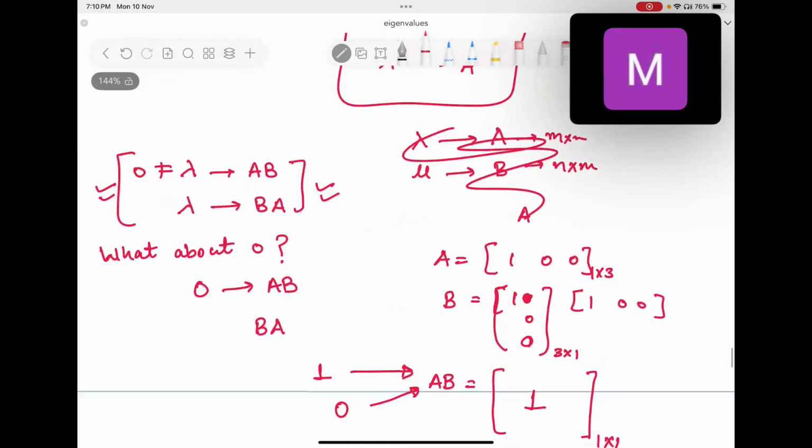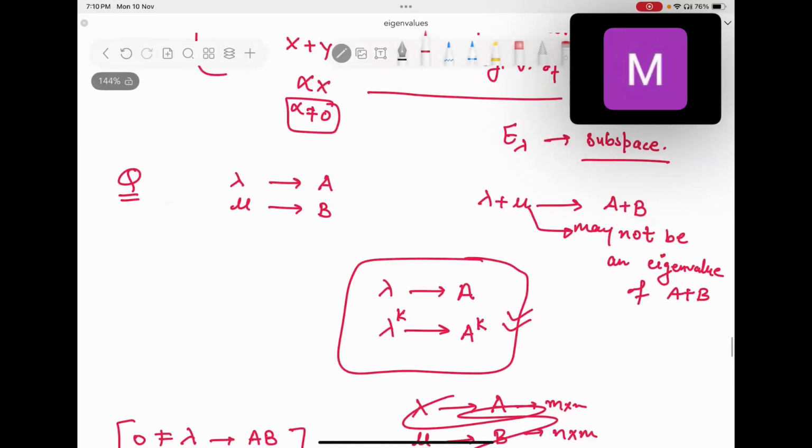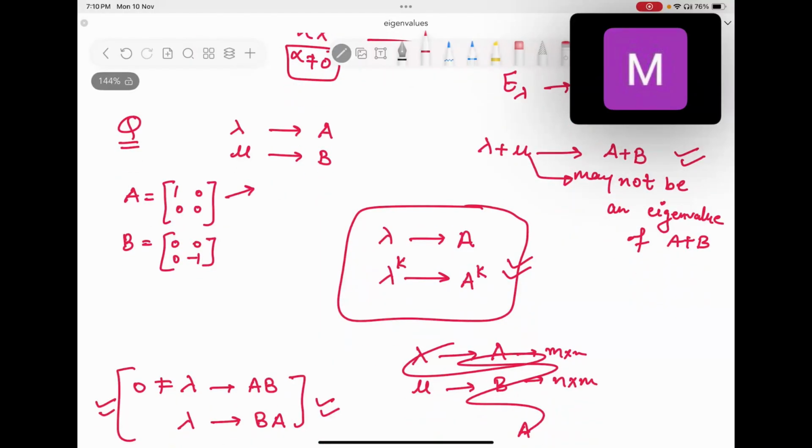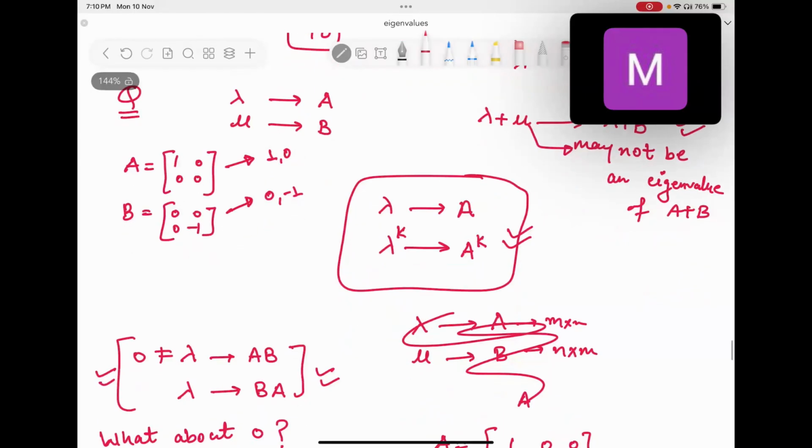Okay. Now, can you give me an example for A plus B? Just take A equals (1 0; 0 0), B equals (0 0; 0 -1). Now, what are the eigenvalues of A? 1 and 0. What are the eigenvalues of B? 0 and minus 1. Right. What is A plus B?